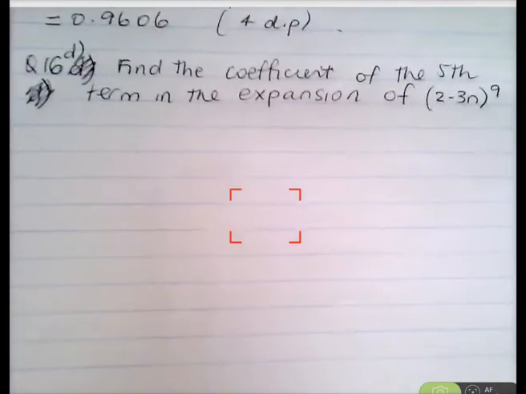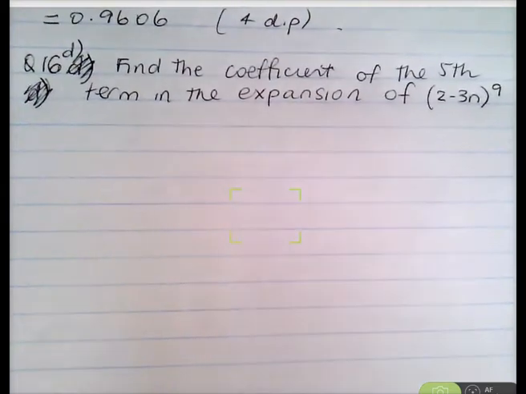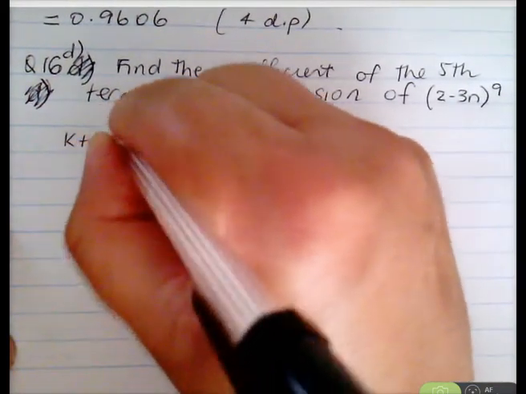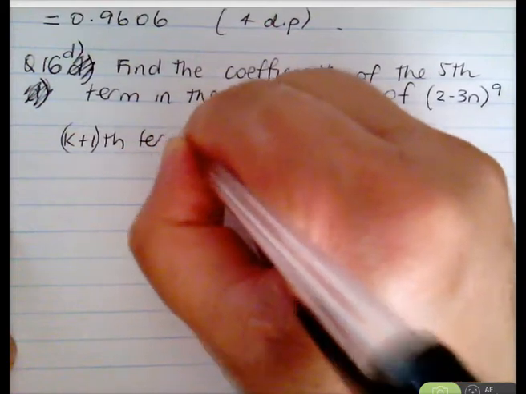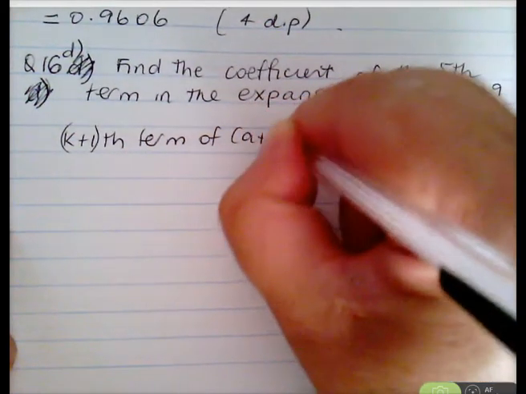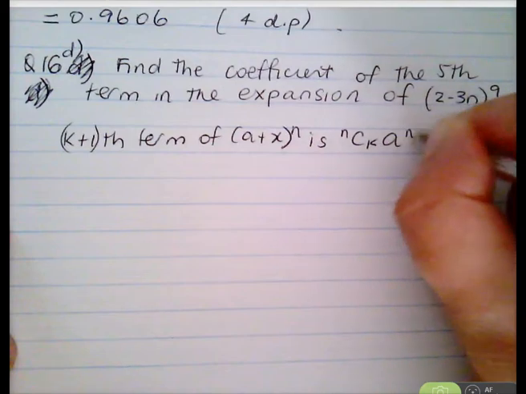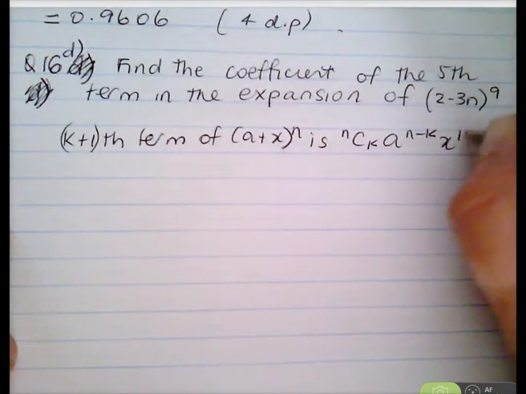This is question 16d. Find the coefficient of the 5th term in the expansion of (2 minus 3n) to the power of 9. Now we know that the (k plus 1)th term of (a plus x) to the power of n is nCk a to the n minus k x to the k.